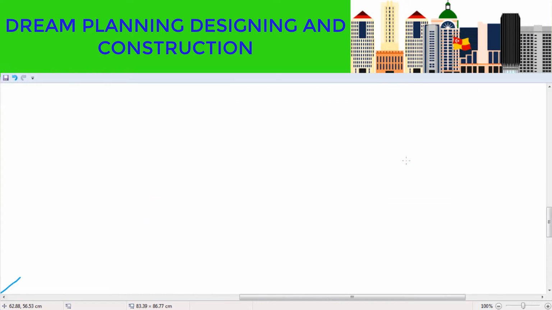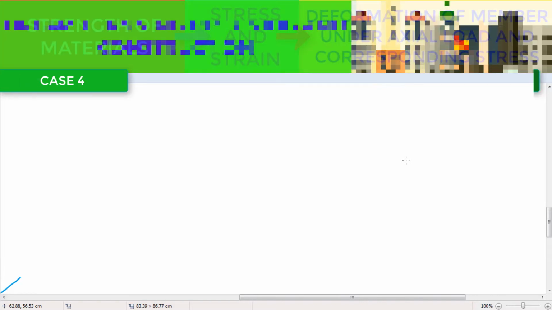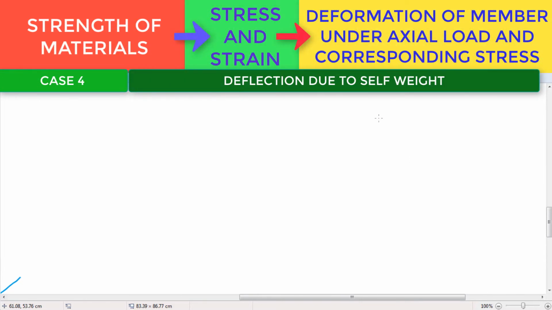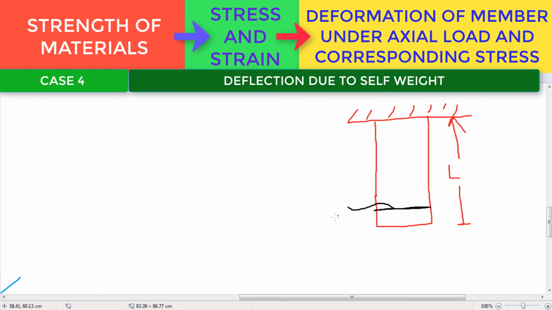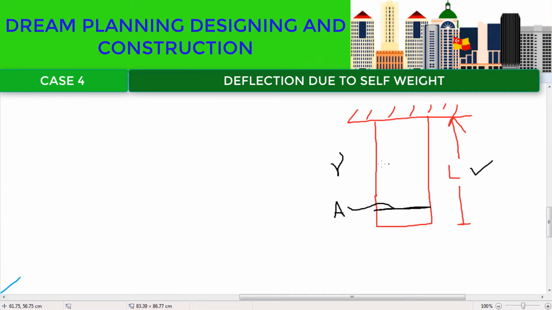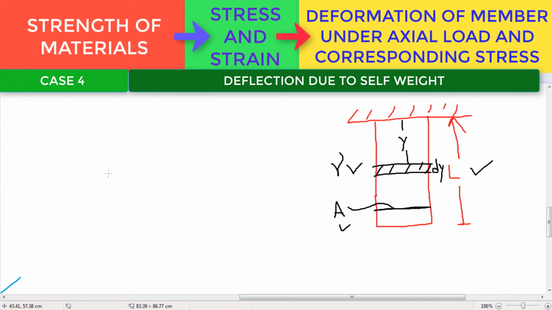So now we will discuss case 4, that is deflection due to self weight. The diagram is like this. From this diagram we see that the length of this body is L, the unit weight of the material is gamma, and A is the cross-sectional area. Again we say that δ equals PL by AE.